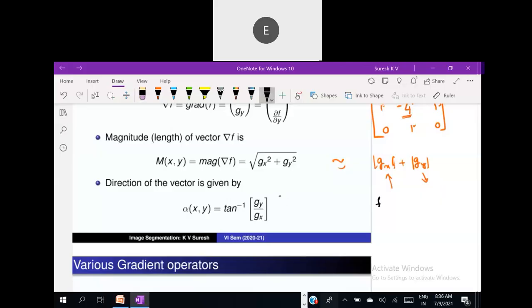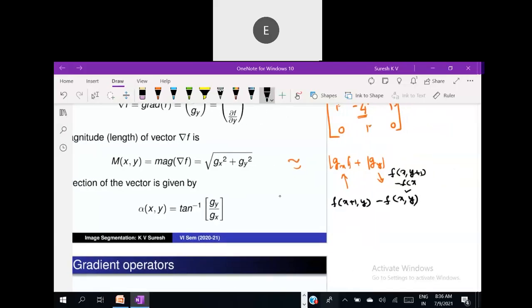So this will be f of x plus 1 comma y minus f of x comma y. This will give me the gradient along x direction. To find the gradient along y direction, I'll do f of x comma y plus 1 minus f of x comma y.